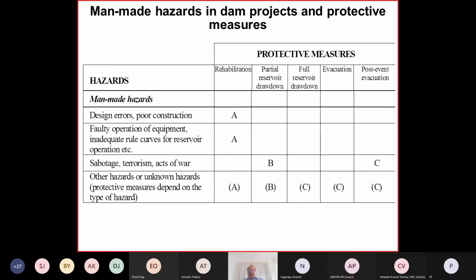We are involved in a new dam project in Laos at the Mekong River. Luang Prabang is the name. It is 20, 30 kilometers upstream of this former capital, Luang Prabang.